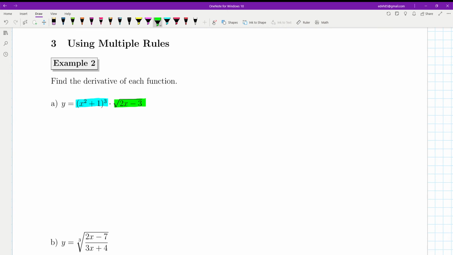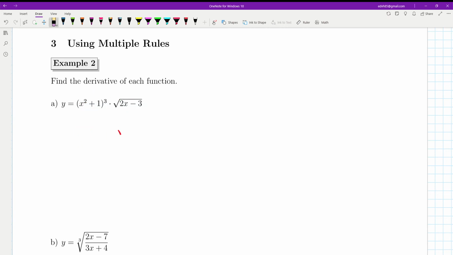This one looks like the composition of f equals x cubed, and g equals x squared plus 1. This composed over here would give us this big function.